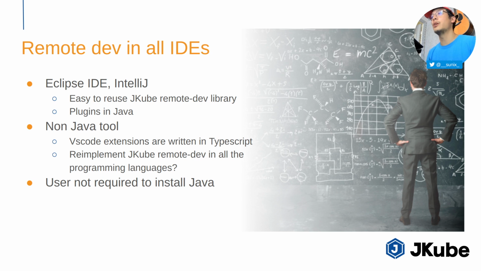It would be a challenge to then reuse the JKube remote dev as a library while the extension is written in TypeScript. Moreover, in all these IDEs, we also want to not make mandatory the installation of Java for the user to have the JKube Remote Dev plugin working.